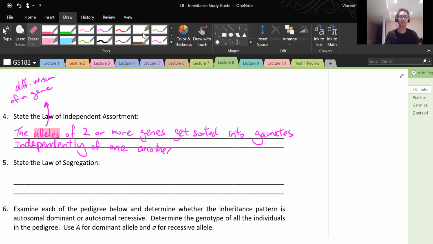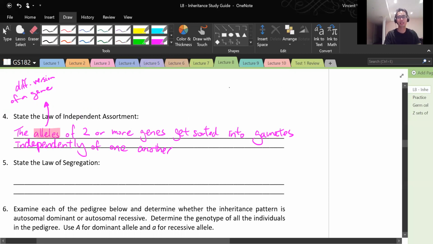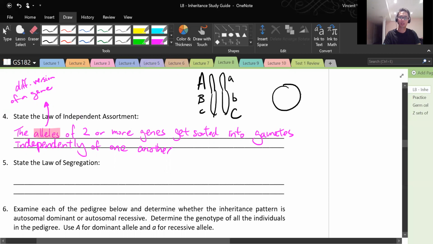So what does that actually mean? Let's say I have one chromosome, from dad for example. There are 3 genes on it: big A, big B, and small c. And on the maternal chromosome, there is small a, small b, and big C. Let's say we look at a sperm. What kind of combinations do we have in the sperm? They might get big A, small b, and small c.